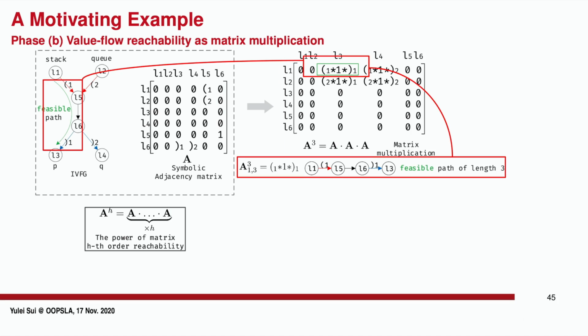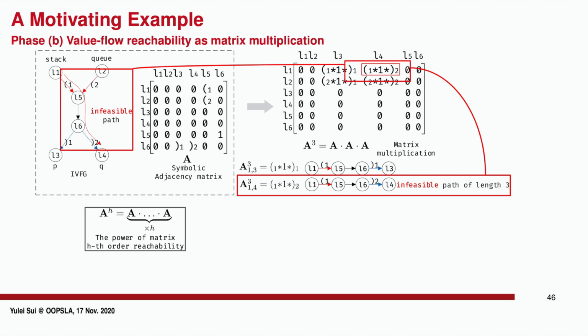For example, A³(1,3) represents a path of length 3 from L1 to L3, which is a feasible interprocedural path, while A³(1,4) signifies a path from L1 to L4, which is an infeasible path, implying that pointer Q can never refer to the stack object.